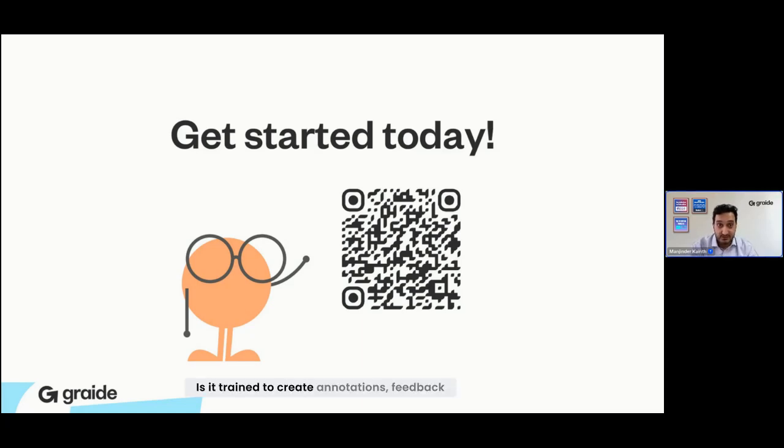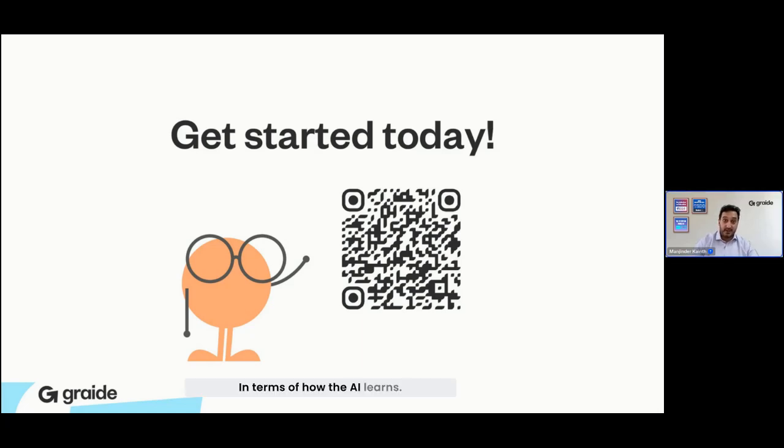Is it trained to create annotations and feedback in the written style of each marker, or does it feed it all together and create a combined effort? So the specific text of the annotations is created by the markers themselves. They type it in. You get a lot of benefit this way because you get to control how you deliver your feedback. You also get the ability to edit that because it's just a log that you can change.